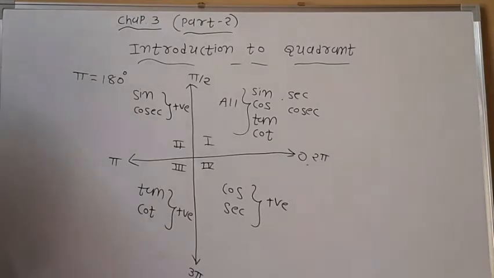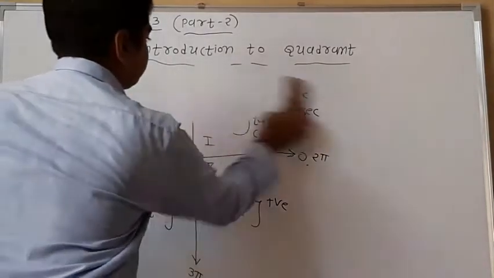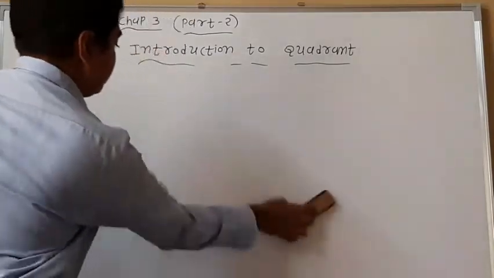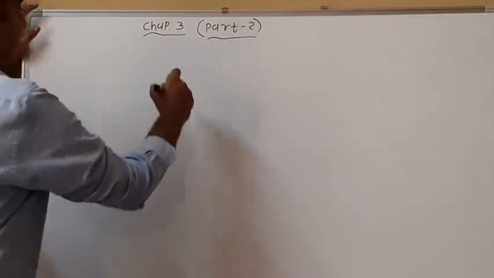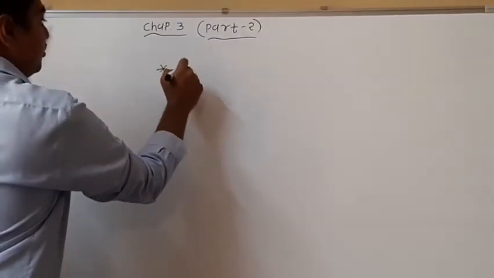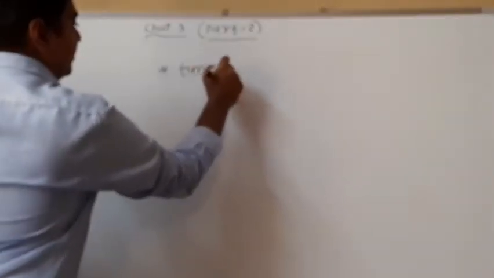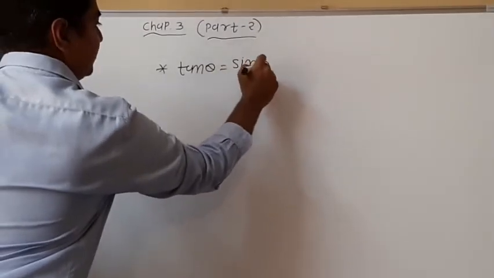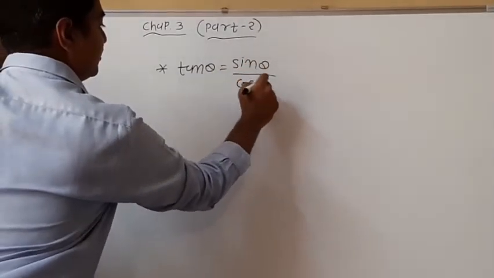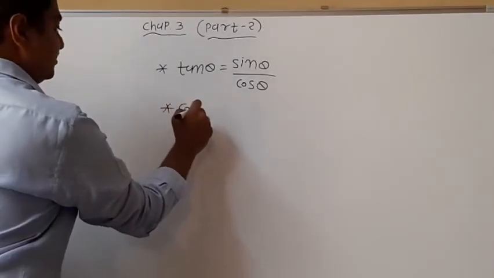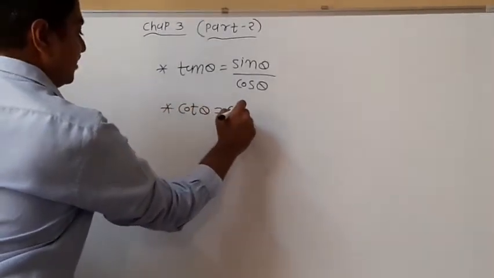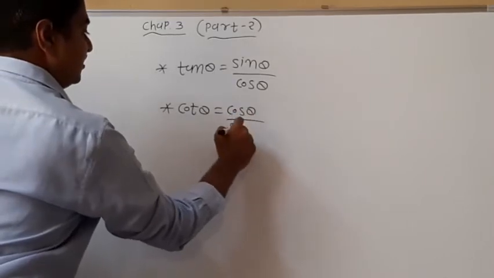Now let us discuss some identities. First of all, we know that tan theta is equal to sin theta upon cos theta, and cot theta is equal to cos theta upon sin theta.